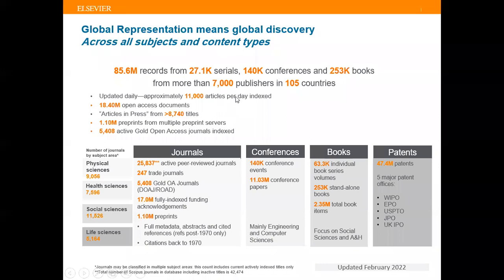Okay, and you can find much more journals and conference proceedings indexed in this Scopus database, and also the book contents. You can find about 18.4 million publications that are open access, from various publishers.